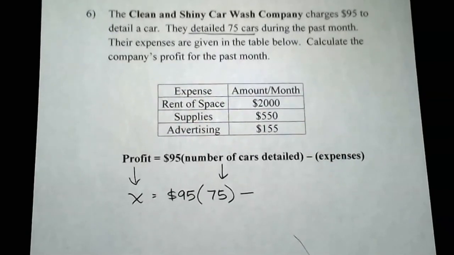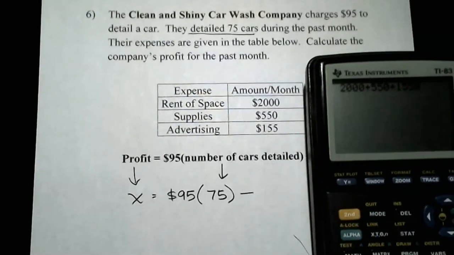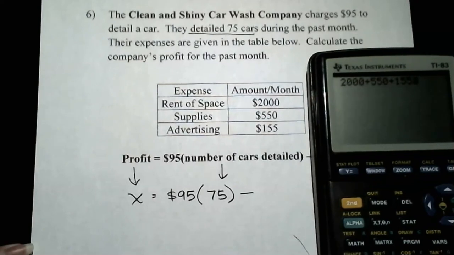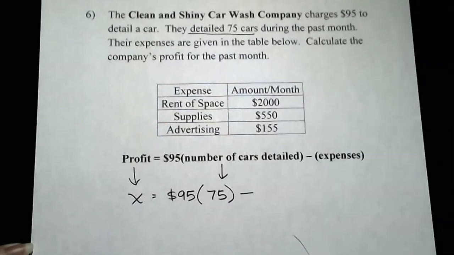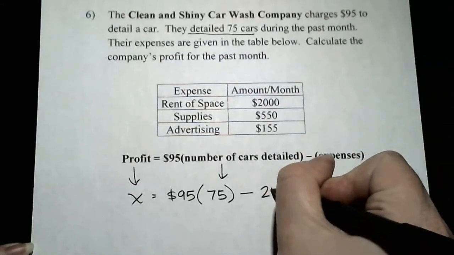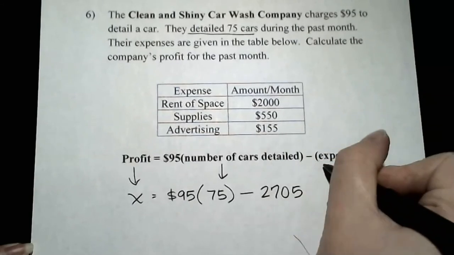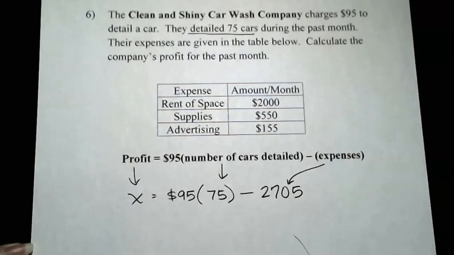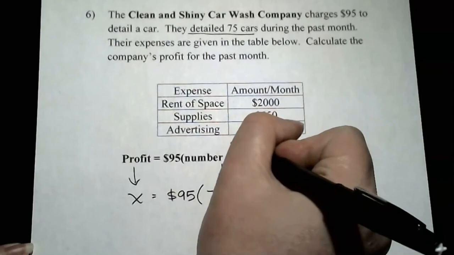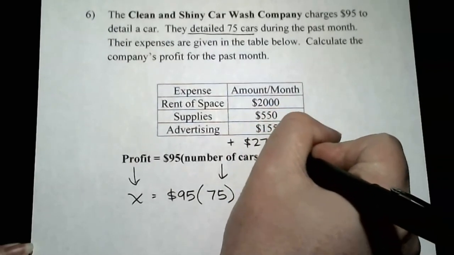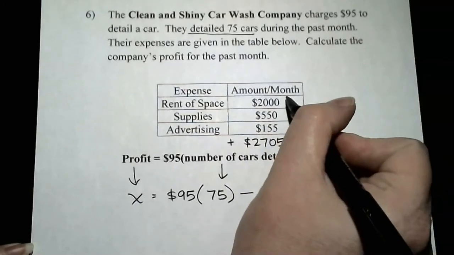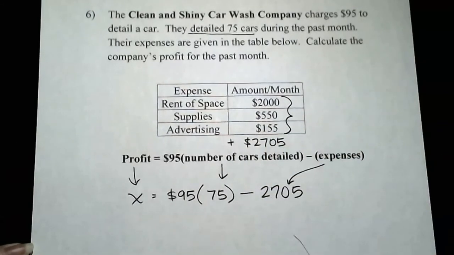So to figure out their expenses, all I did was add up everything that they have, and their total expenses is $2,705. I got that from this table right here. Add up all of these.